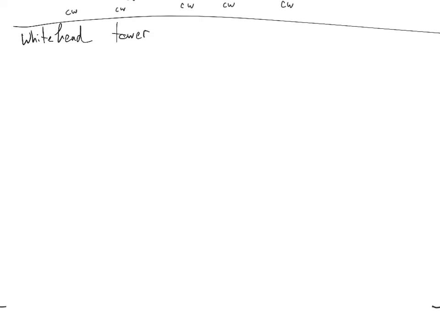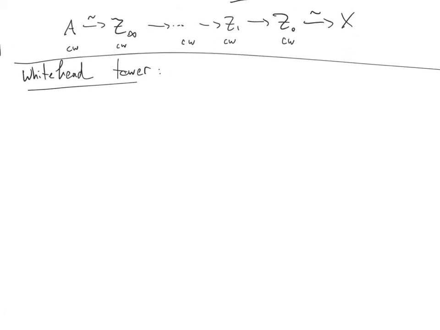So the other thing that we should talk about at this point is the Whitehead tower, which we've already constructed, but it's worth talking about explicitly. So this is the tower that we just drew, but I'm just going to factor the point in the map above. So in fact, let me scroll down.